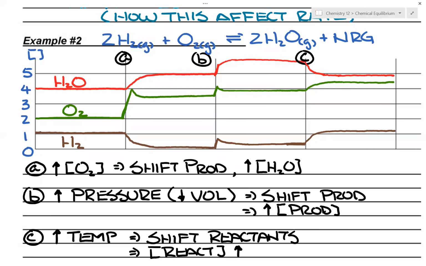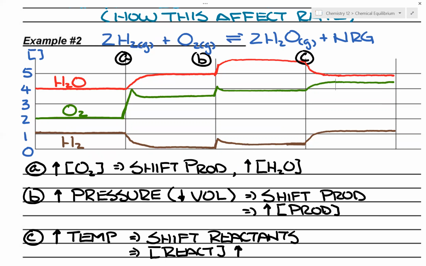For a change in pressure, whether up or down, it affects both the reactants and the products. So what you see is a change in the concentration for all the reactants and the products. For a change in temperature, notice there is no peak. It's actually a gradual change, which makes sense.